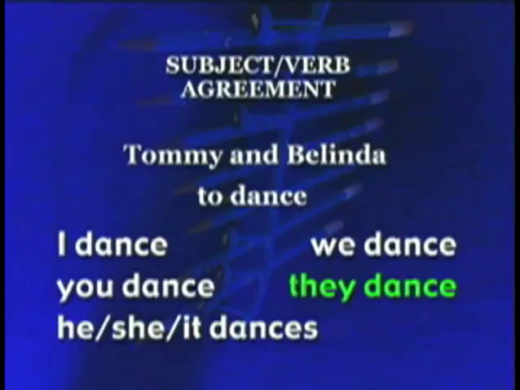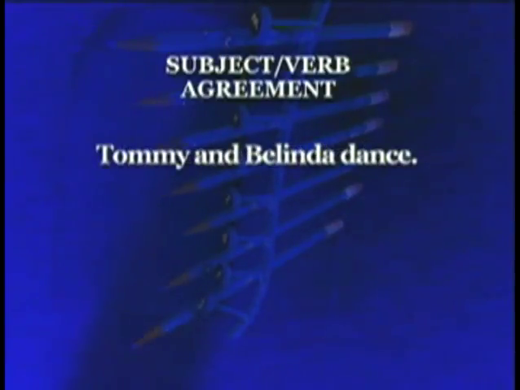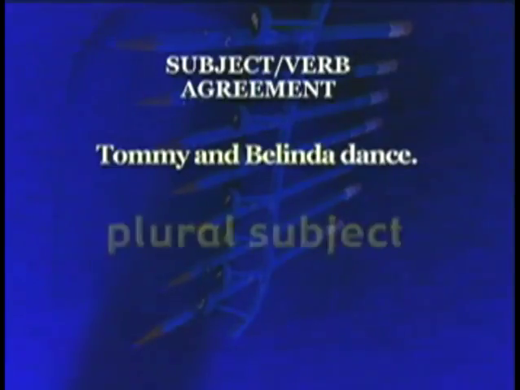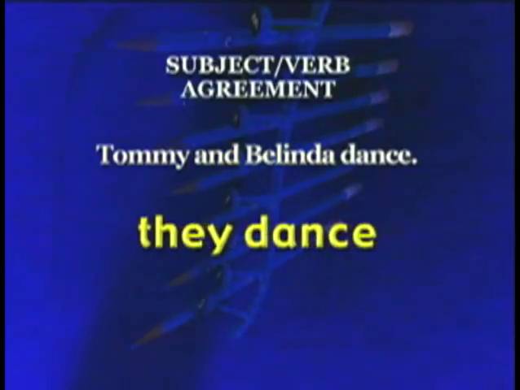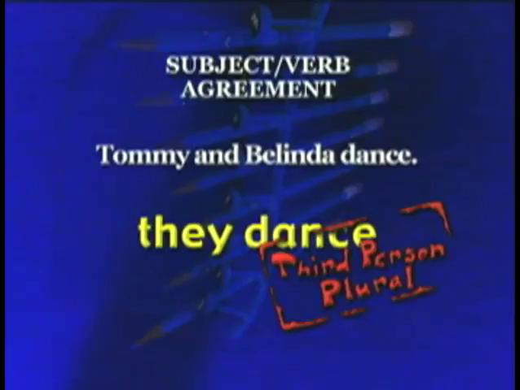Now, let's put our noun and verb together and see what's up. Tommy and Belinda dance. Tommy and Belinda are our subjects, so that means we have a plural subject. In this case, it's the same as saying they dance. So the subject is the third person plural, and the third person plural form of to dance is simply dance. Great!